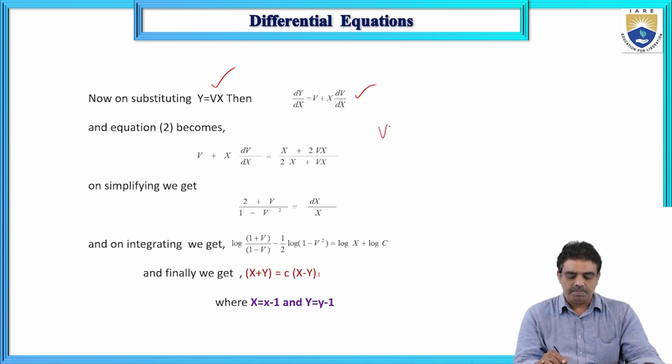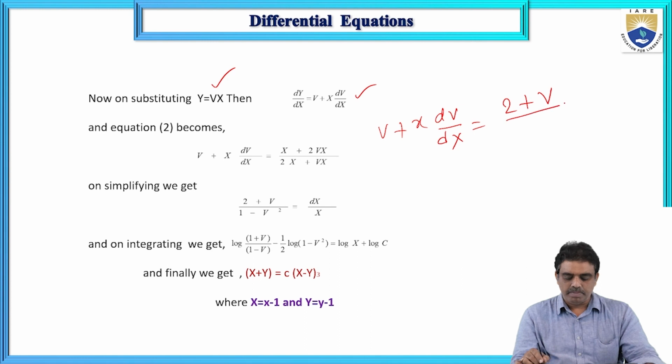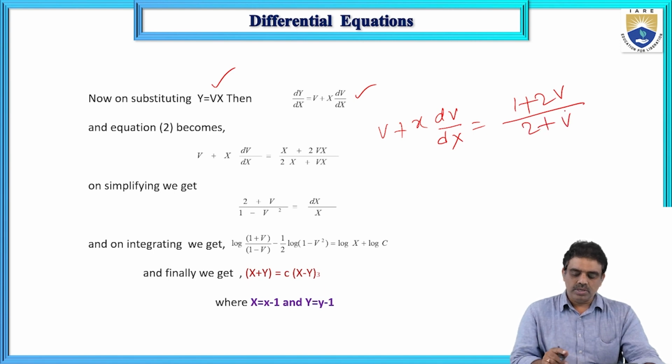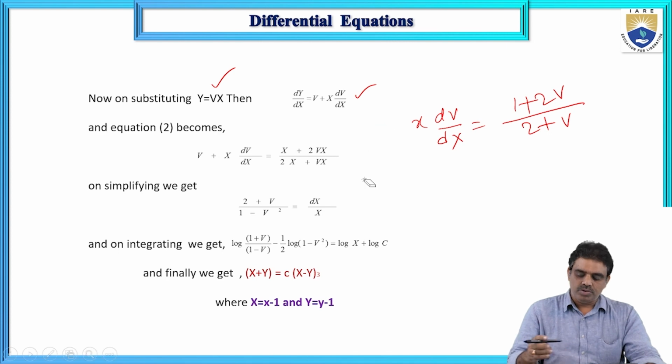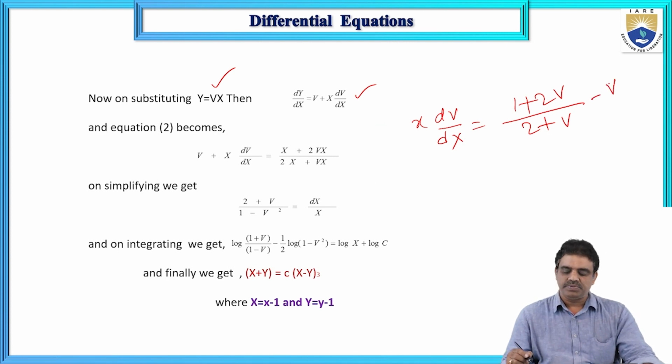Here we will get v plus x into dv by dx is equal to (1 plus 2v) by (2 plus v), x cancels. So on writing v on the right hand side, so this v will go to the right hand side as minus v.